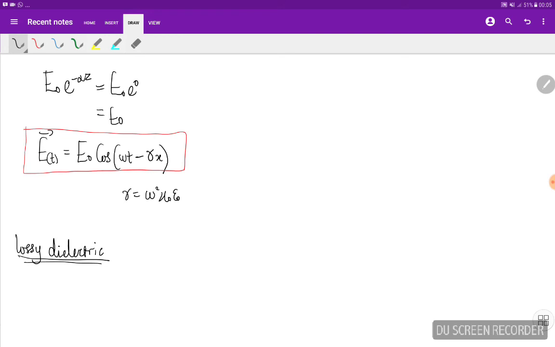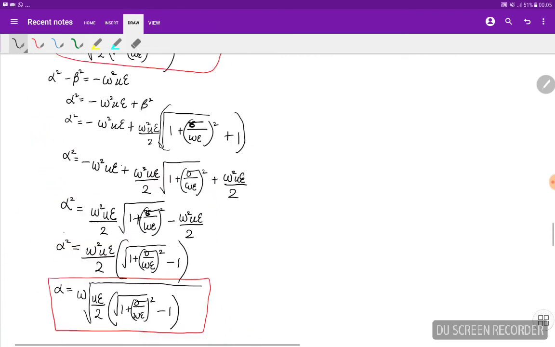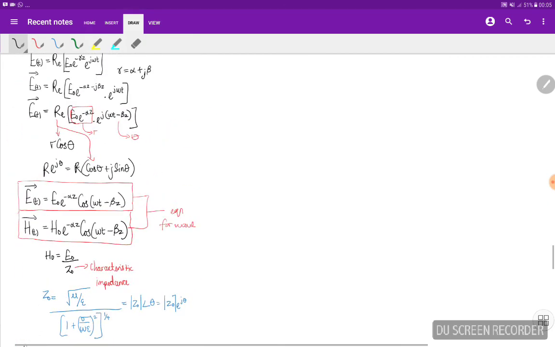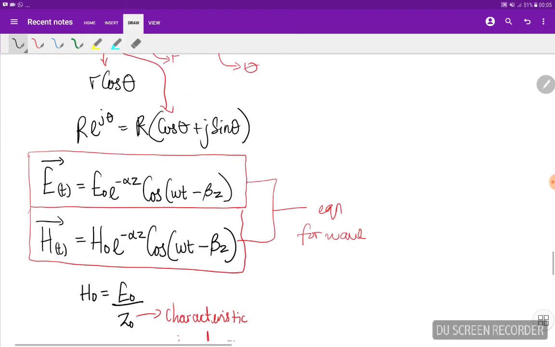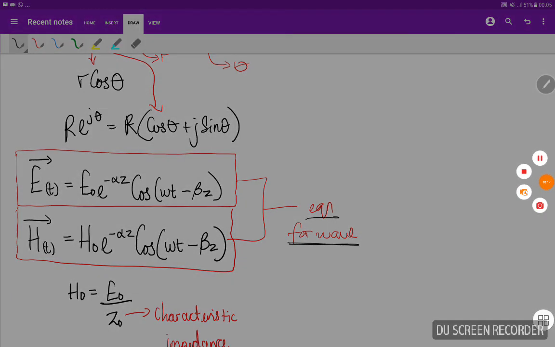It's better you find the values using the formulas for beta and alpha, and then put them back into your wave equation. So generally, this is your wave equation, and this is what you'd use throughout. Next up, finally, we close with pointing and the power.